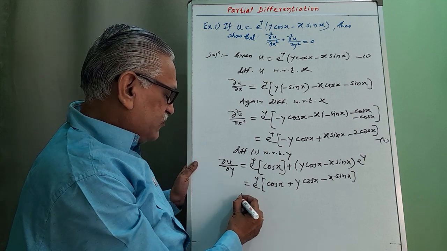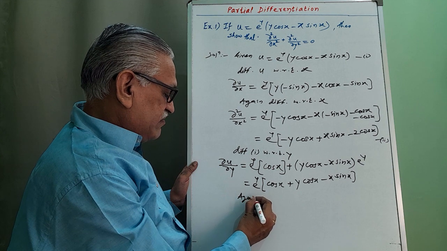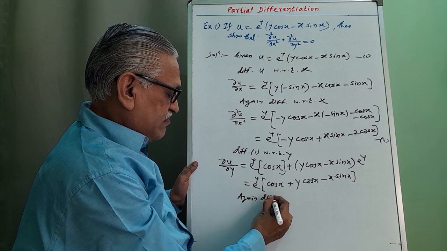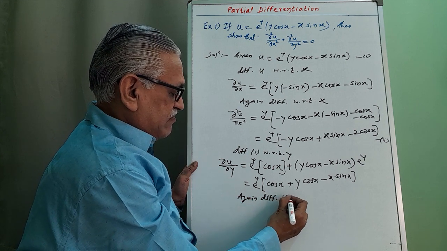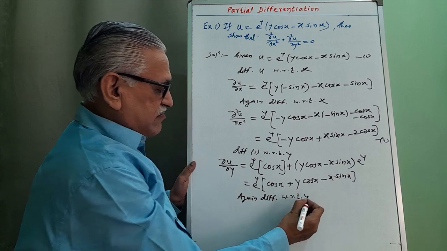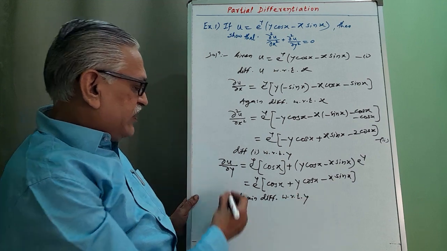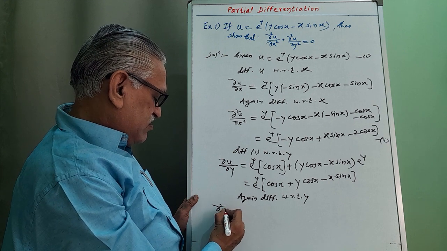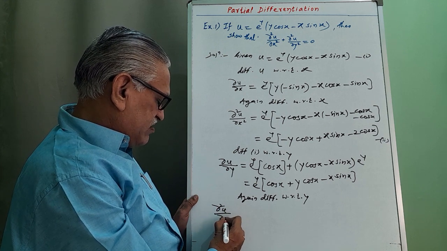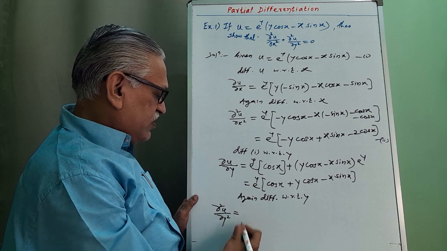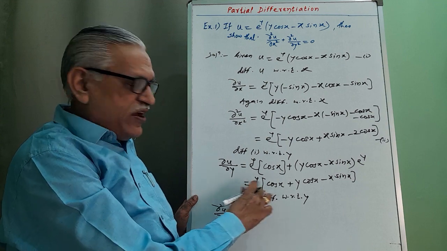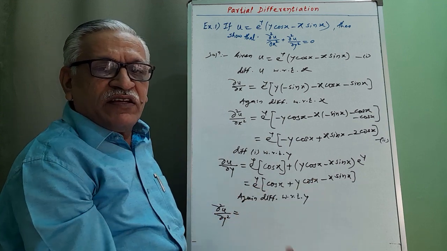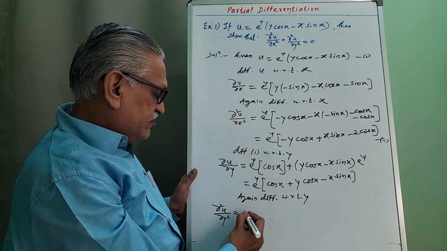Again differentiating this with respect to y. We get dou u by dou y square is equal to a term of y. Therefore applying product rule, UV rule.